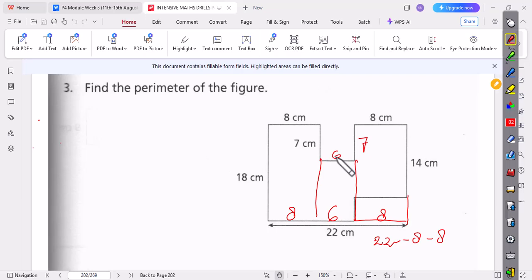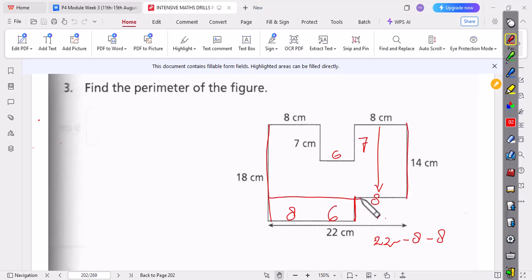Okay, after that we need to find another one. Here we have this one 8, and we can see from here 18, and this 14.